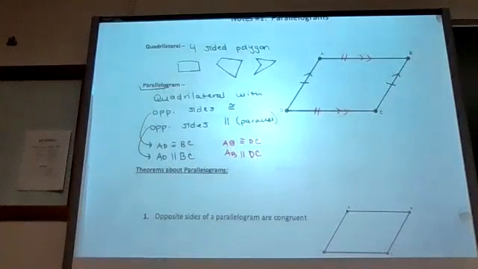Things we're going to see with our parallelograms may link back to the parallel lines unit too, right? Alternate interior angles, same side interior angles. Those are going to come back into play because we have parallel lines here.